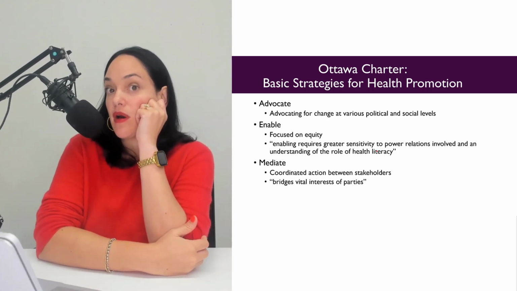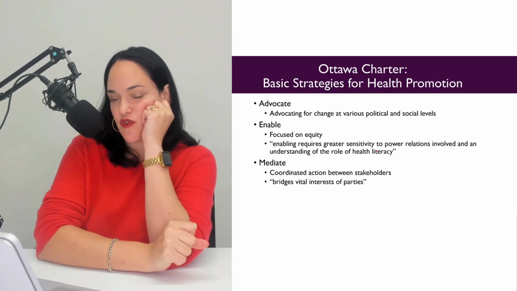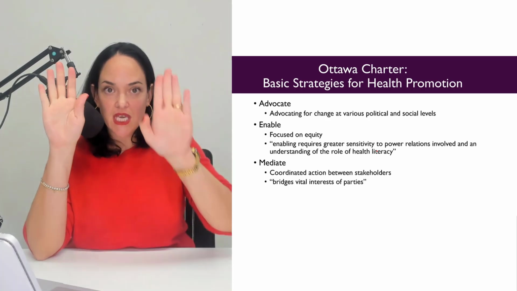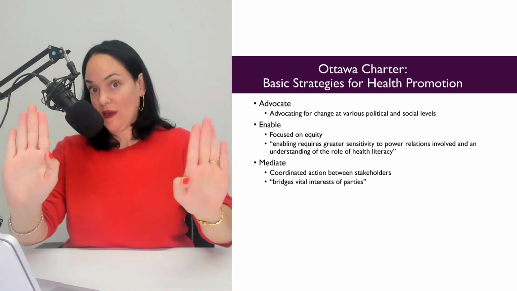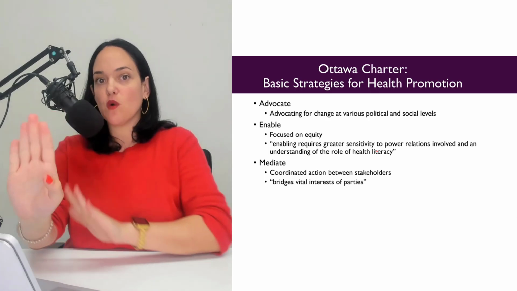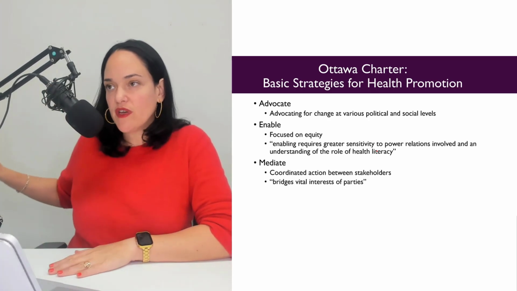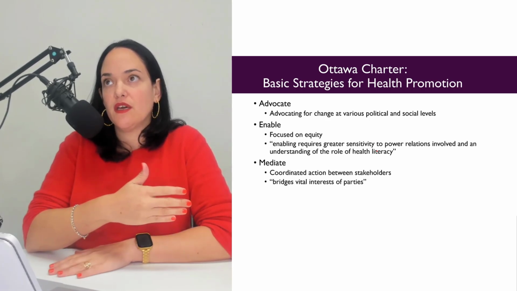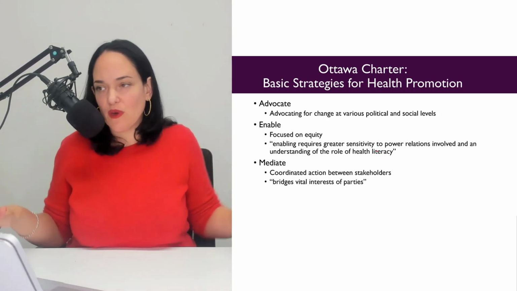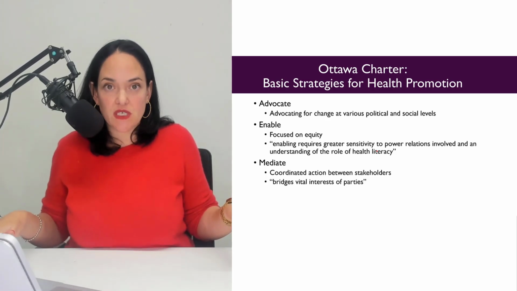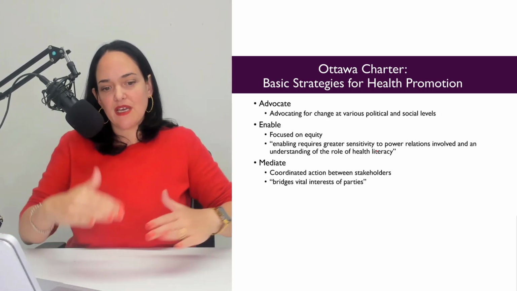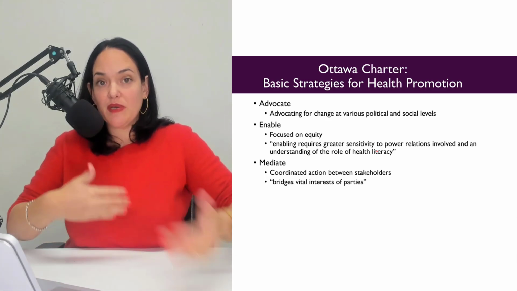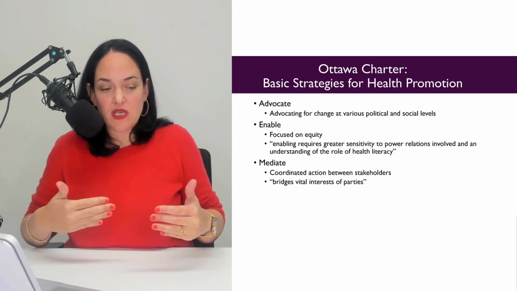Another key part of the Ottawa Charter strategies for health promotion is the concept of enable. And I want you to think E for enable and E for equity. Enabling is really focused on equity. And there's a whole video that's coming up about health equity, but equity is more focused on not just giving everyone the same resources, but more accepting that not everyone has the same ability to access health and the same ability to get to certain health outcomes.